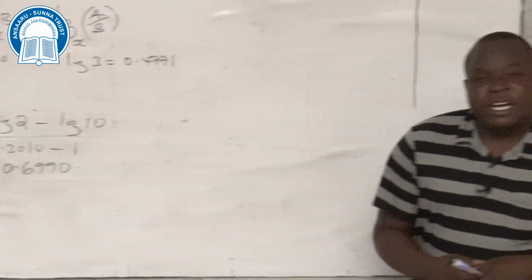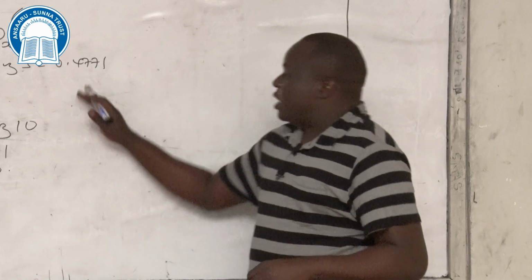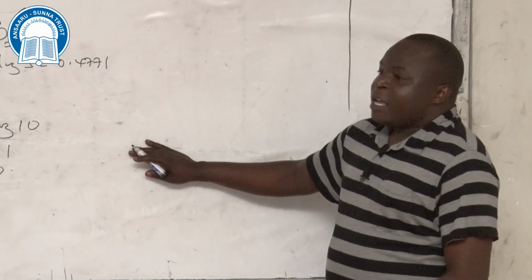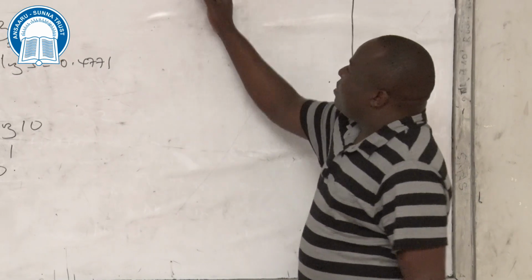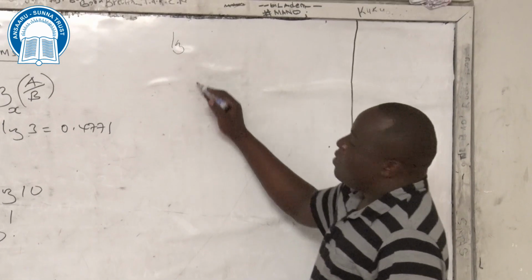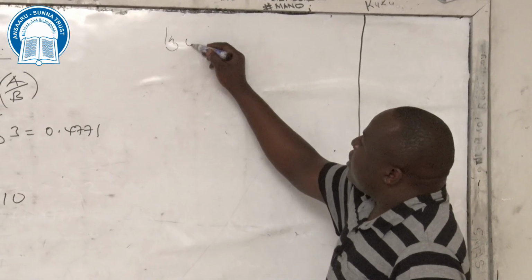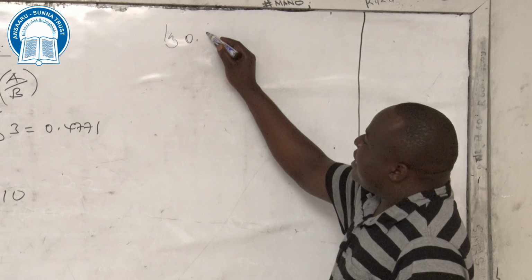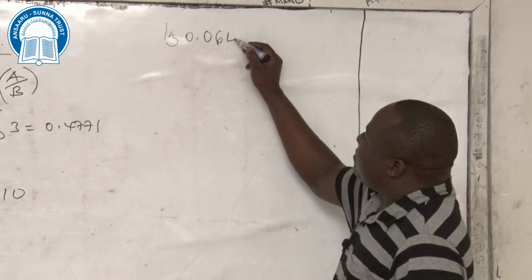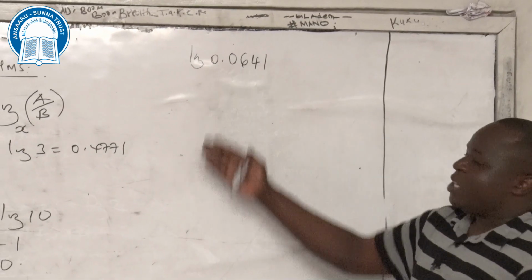Let me take you back to something you did in Form 2. If someone asks you, find the value of log 0.0641, how do you do this?